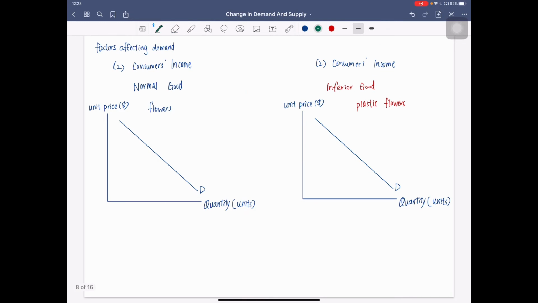The second factor is called consumers' income. We have two types. The first type is called normal good. A normal good is one where, when your income increases, the consumers are going to consume more normal goods.